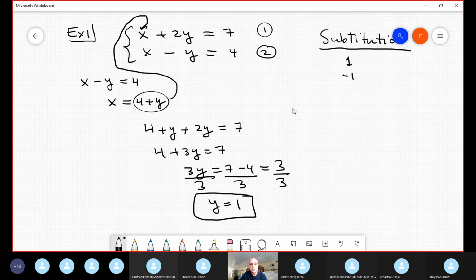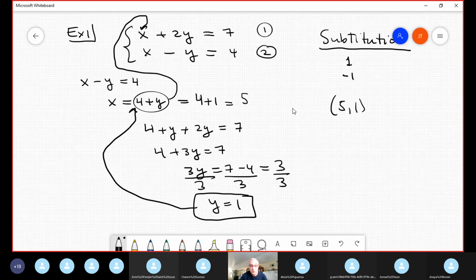But I need the other part of the solution. To find the x value, it's easy: use substitution in either equation. The answer must be the same, whichever you select. But of course, I take the easier equation, in my opinion, this one, because x is isolated, waiting for me, and 4 plus 1, because y is 1, is 5. Now the solution is the point 5, 1, because x is 5 and y is 1.